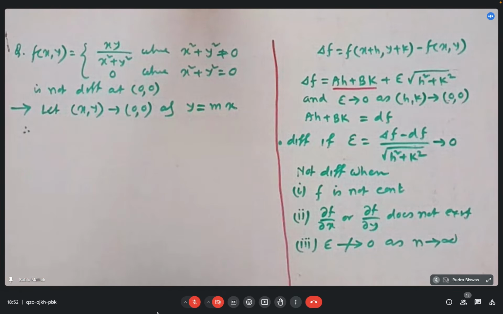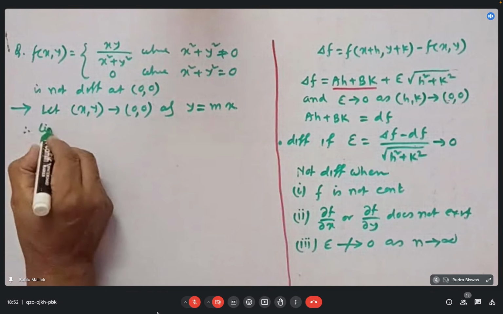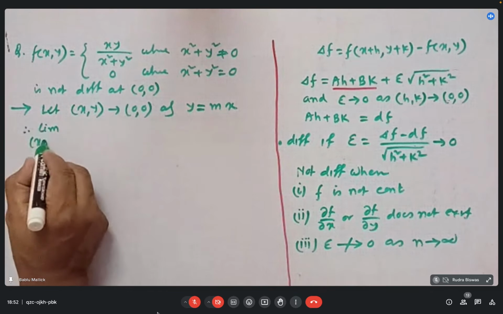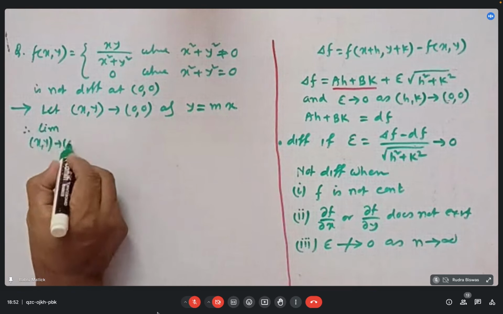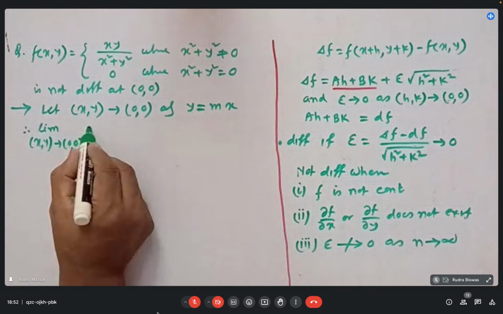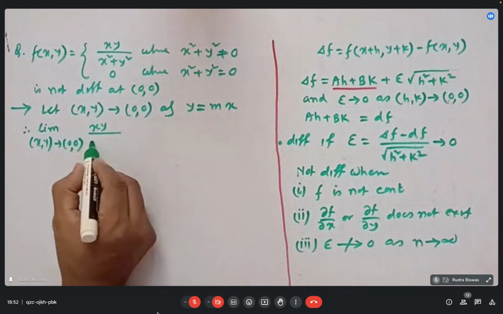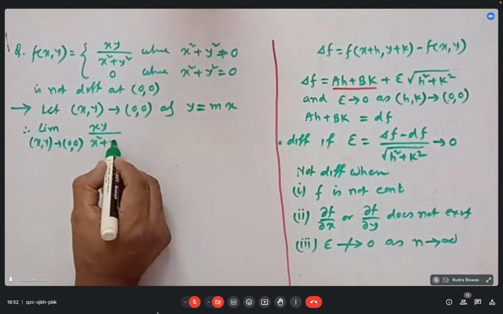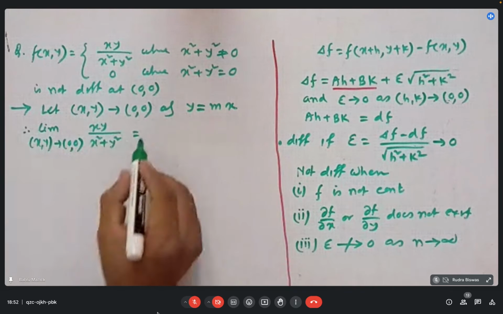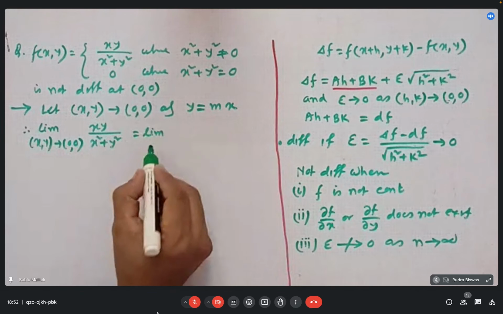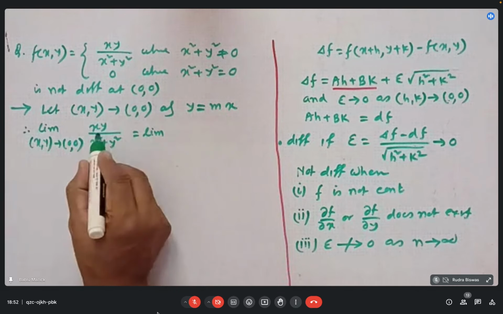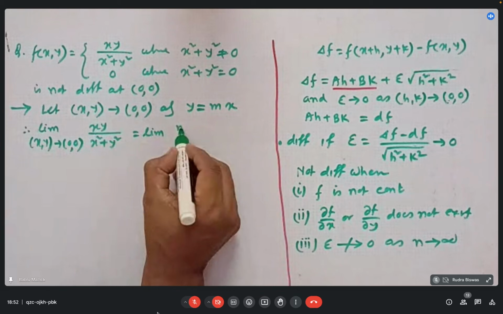Therefore, limit x comma y tends to 0 0 of xy divided by x square plus y square is equal to limit x tends to 0, in place of y we shall put mx.